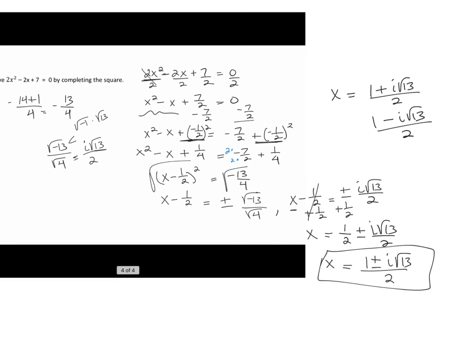I could further simplify by separating the two terms in the numerator. So 1/2 and i root 13 over 2. So that those are completely separate.